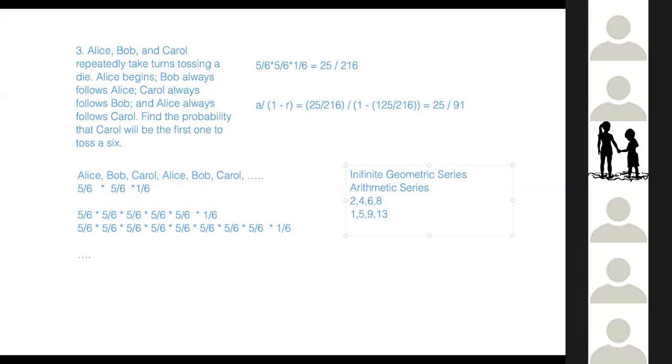Geometric are ones that have a common ratio. So I'm multiplying by the same number each time: 1, 2, 4, 8, 16, multiplying by 2 each time. So if I try to add up the values here, this would just become infinity, right? It keeps growing larger and larger.